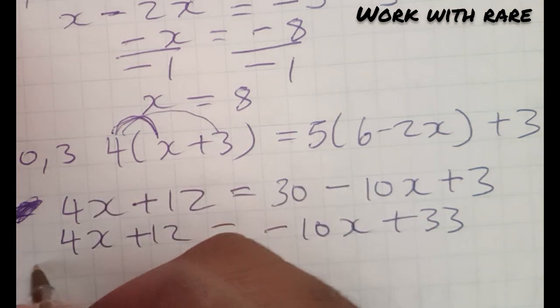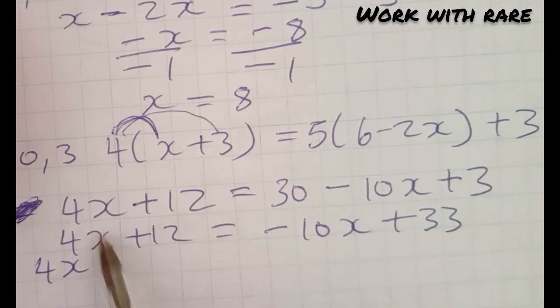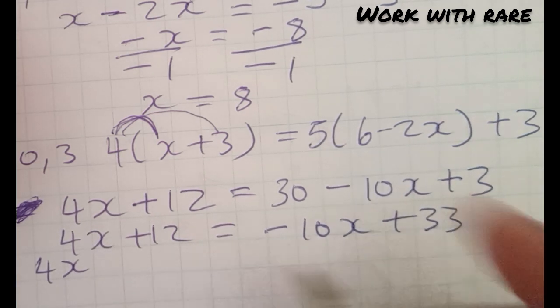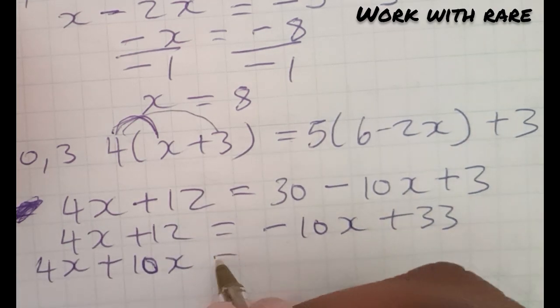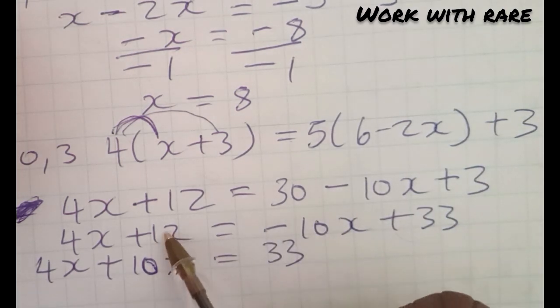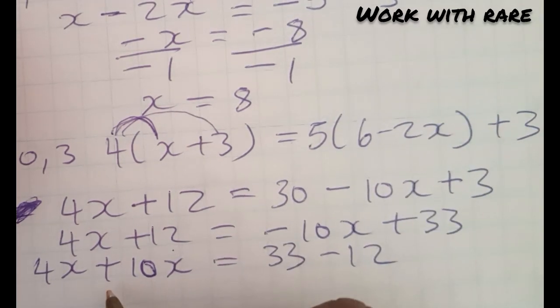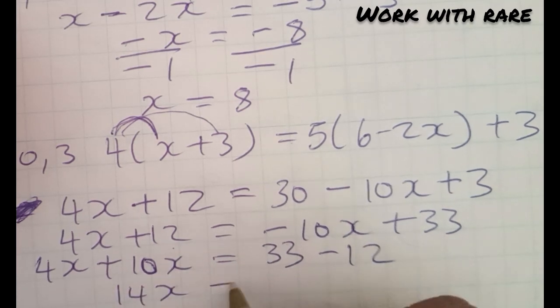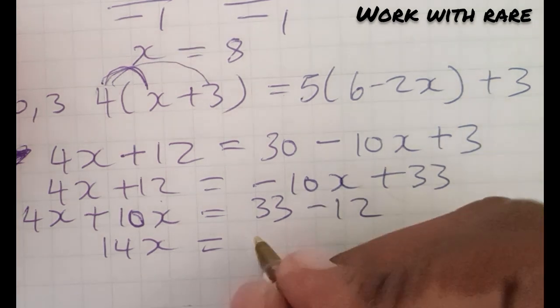So in maths, we prefer to write the unknown on the left hand side. So I'll take 10x to the left hand side. So it is negative, so this side it will be positive. So it's positive 10x is equals to, here we have positive 33 and here we have positive 12. So when we take it to the right hand side, the sign will change. Okay, so this side 4 plus 10 is 14. So we have 14x is equals to 33 minus 12. It's how much? It's 21. So here we have 21.